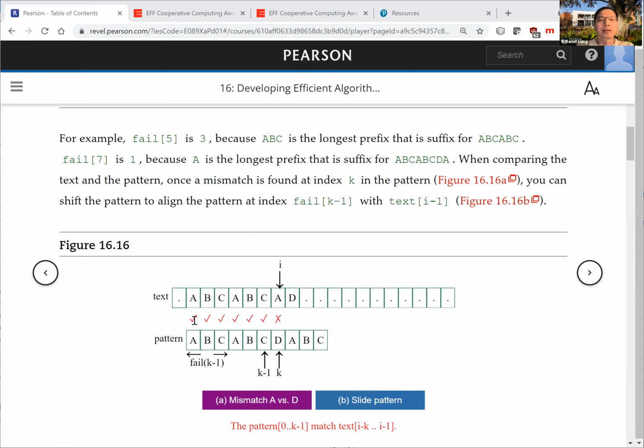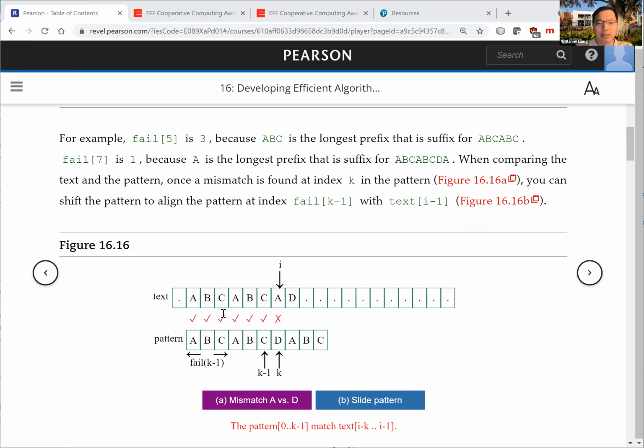We take into consideration all these matches already. When we slide it, we come down to this right here. To do a shift here, we know this part and this part match, so this is already a successful match.